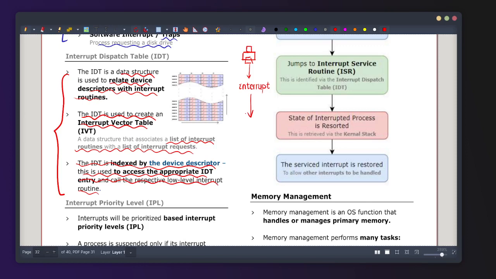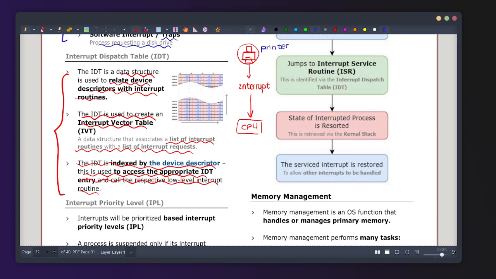Now, the CPU gets the signal, but it needs to identify the source of the interrupt. So the idea is the source of the interrupt here is the printer, right? The CPU receives the interrupt, but the CPU then tries to identify who sent this interrupt, and it does that by figuring out what device sent the interrupt, which in this case is the printer.